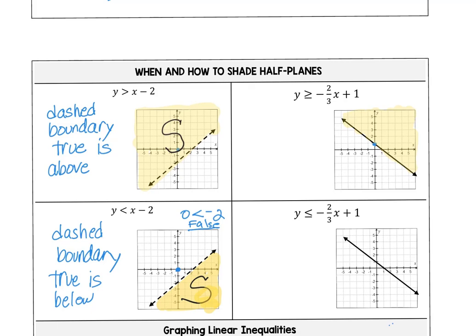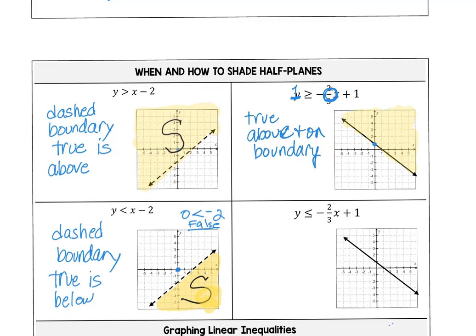So our true values, we're going to be true above the boundary line. And we're true on the boundary. So we're true values on the boundary line. If you substitute 0, 1 here, then 1 for the y, and 0, 1 is greater than or equal to 1.